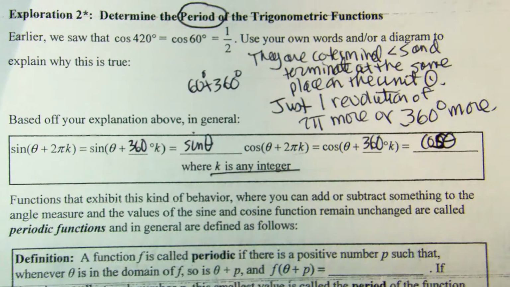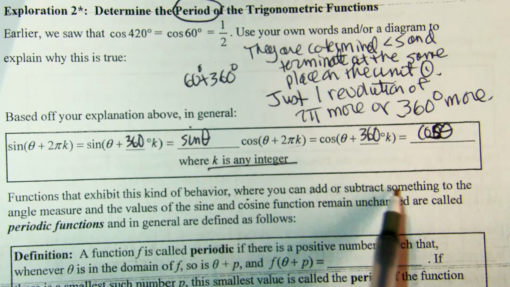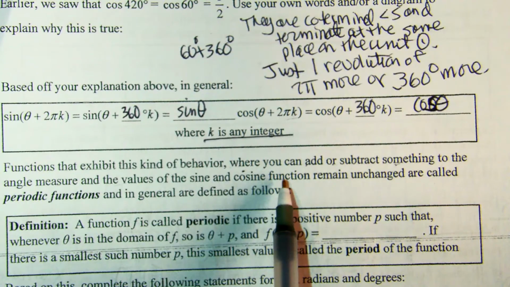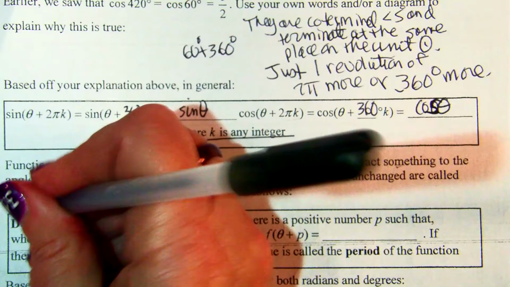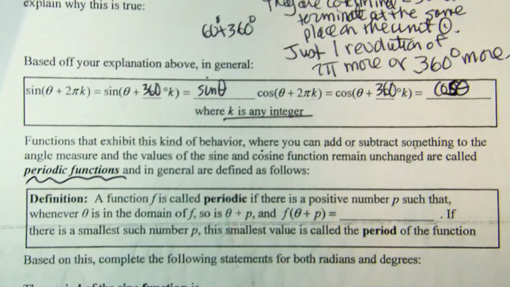Okay, so it says functions that exhibit this kind of behavior, where you can add or subtract something to the angle measure and the values of the sine and cosine function remain unchanged, are called periodic functions, and in general are defined as follows.